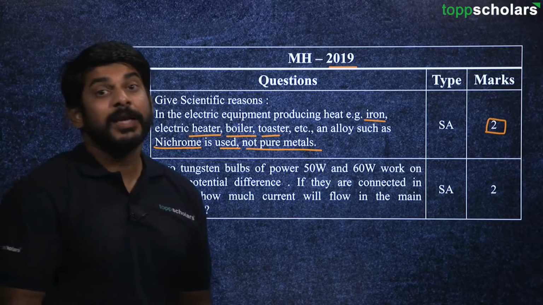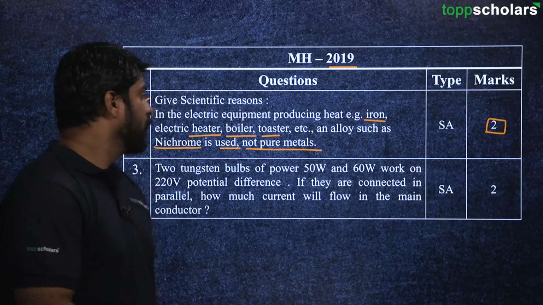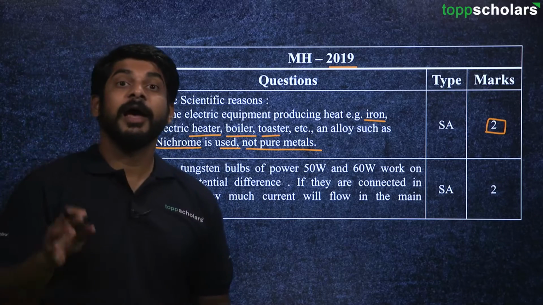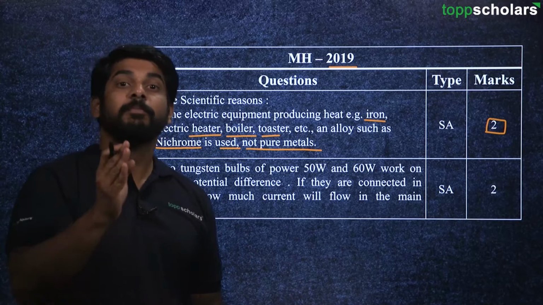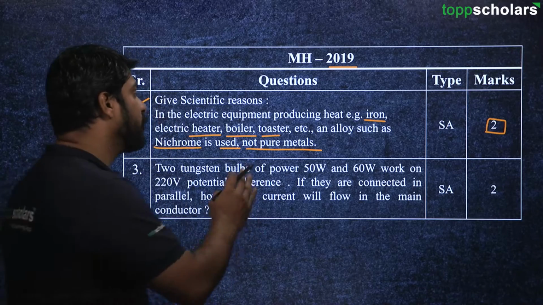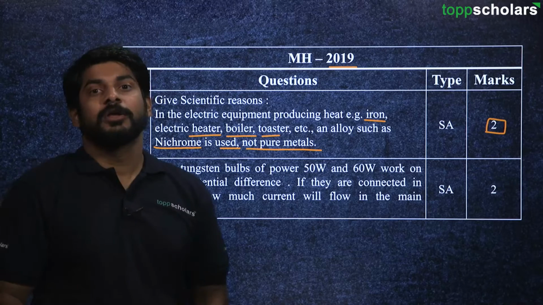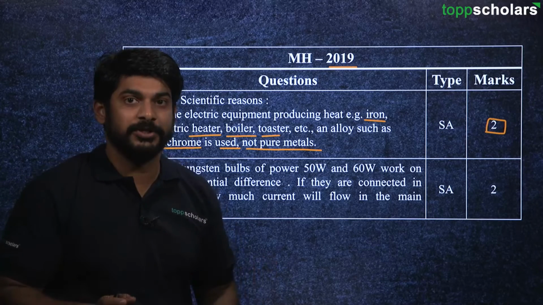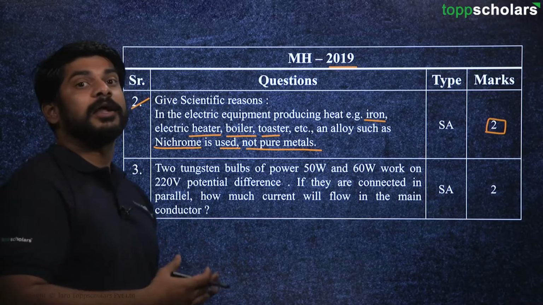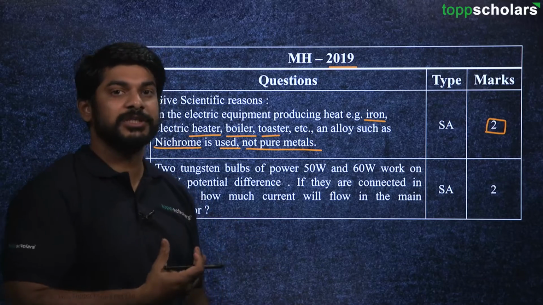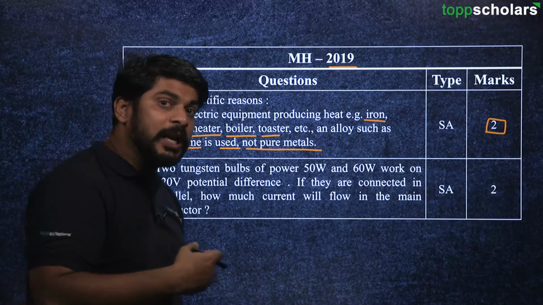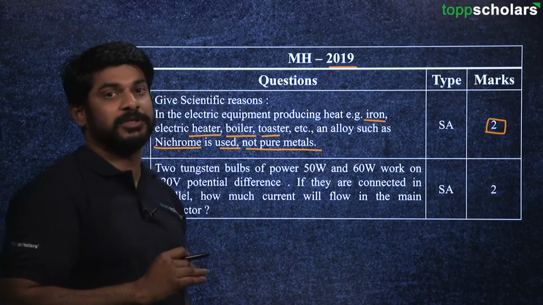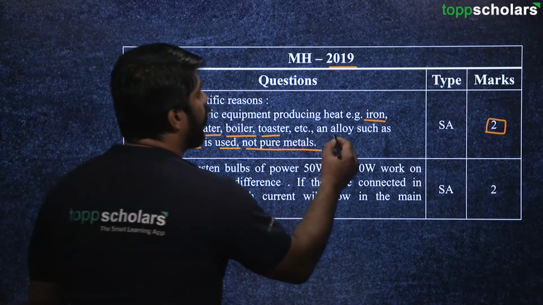So the simple answer to this question is that generally alloys have much higher melting point as compared to pure metals. So this gives us a very large range of temperature. So over here we are able to work with a very large range. That means we can achieve larger or very higher temperatures if we use alloys.